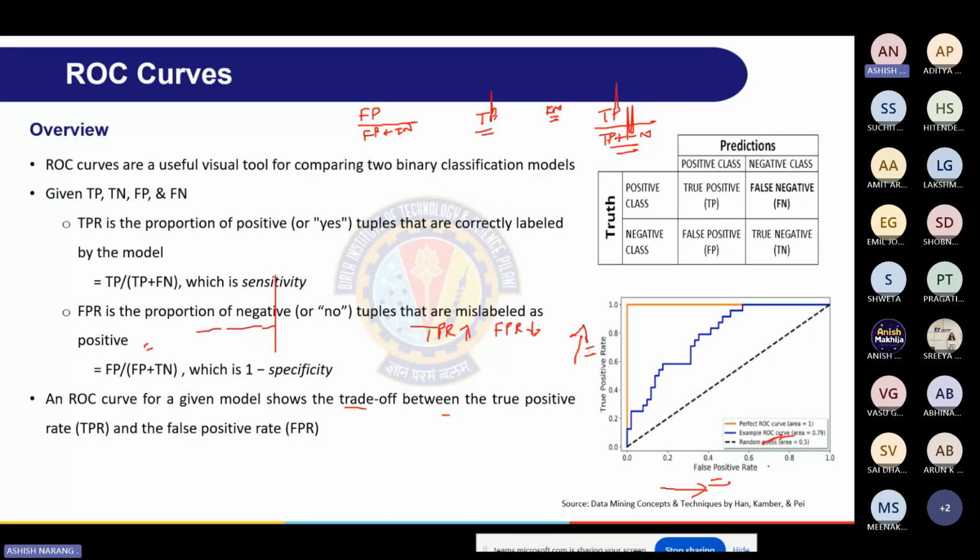People have joined but not contributing. True ones should be higher, false one should be the lowest. I think that is already written. So from the graph, what is the highest value of TPR?